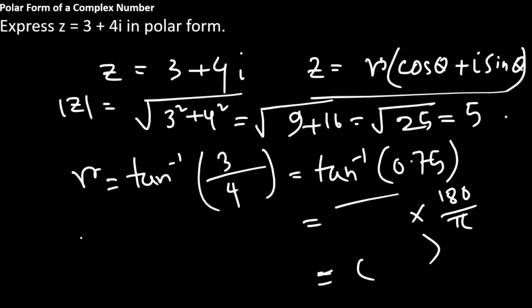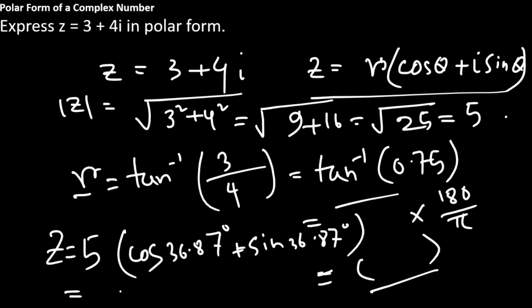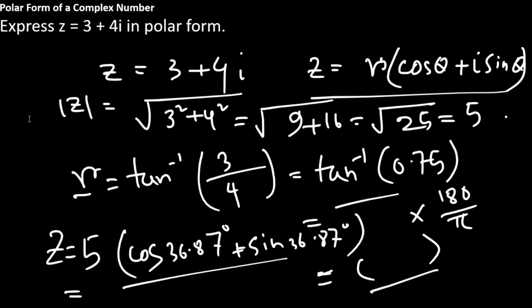Inside the polar form, we have got r equals 5, and cos of 36.87 degree plus i sine of 36.87 degree. So this will be the final polar expression of z.